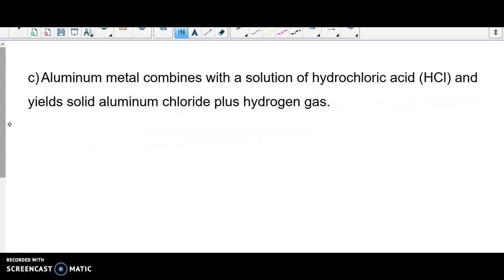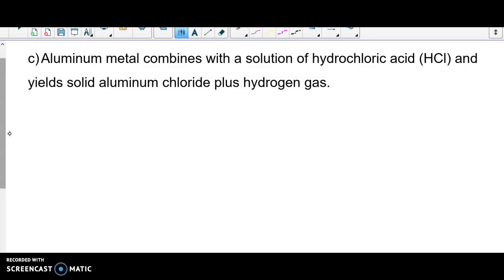Last example. Aluminum metal combines with a solution of hydrochloric acid, HCl, and yields solid aluminum chloride plus hydrogen gas. A solution of means hydrochloric acid is an aqueous solution. So keep that in mind when we write our chemical reaction. Aluminum is just a metal, a solid at normal room temperature and pressure.